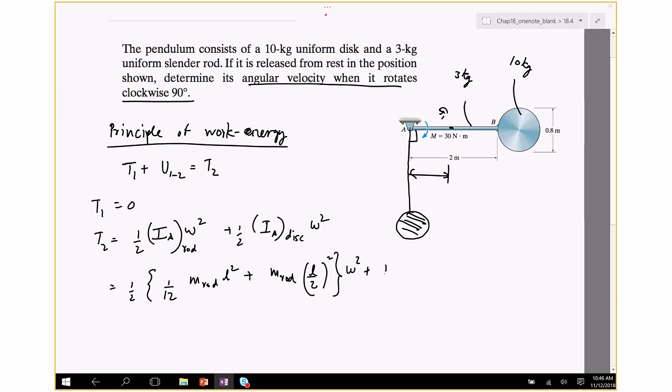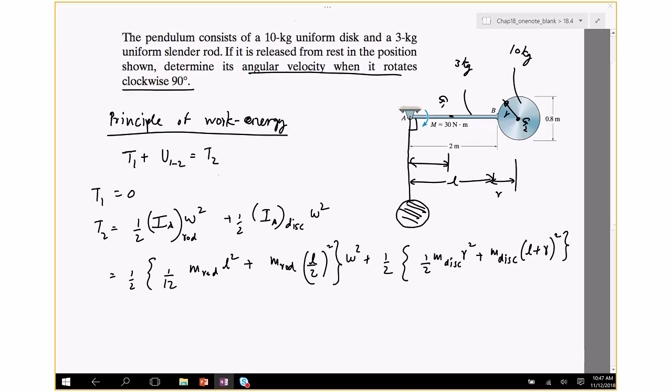For the disk, the inertia about the axis, first you need to find the inertia about axis G2, which is, again, given to you: half m disk times the radius squared, where the radius is this, plus, by the parallel axis theorem, we need to find the inertia about A. So mass of the disk times the distance from G2 to A, which is going to be the length plus the radius, squared.